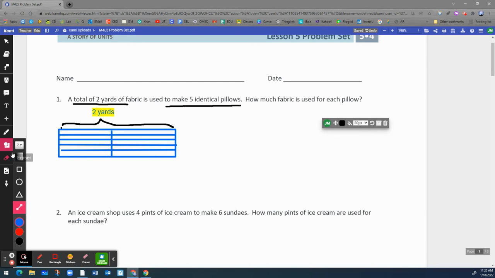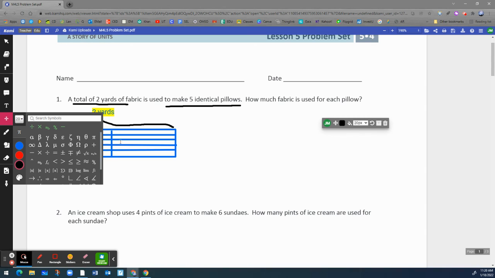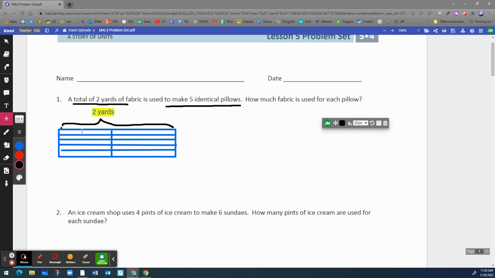Okay, so as you can see now, each of these is one fifth. Let me see, 1, 2, 3, 4, 5. All right, let's demonstrate. So that says, my friends, that there should be 10 fifths, and there are 10 fifths in this wonderful tape diagram.